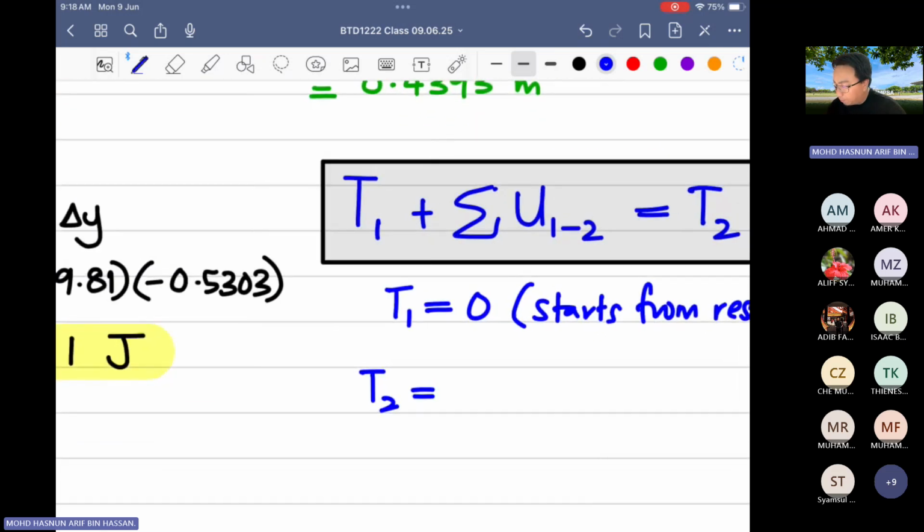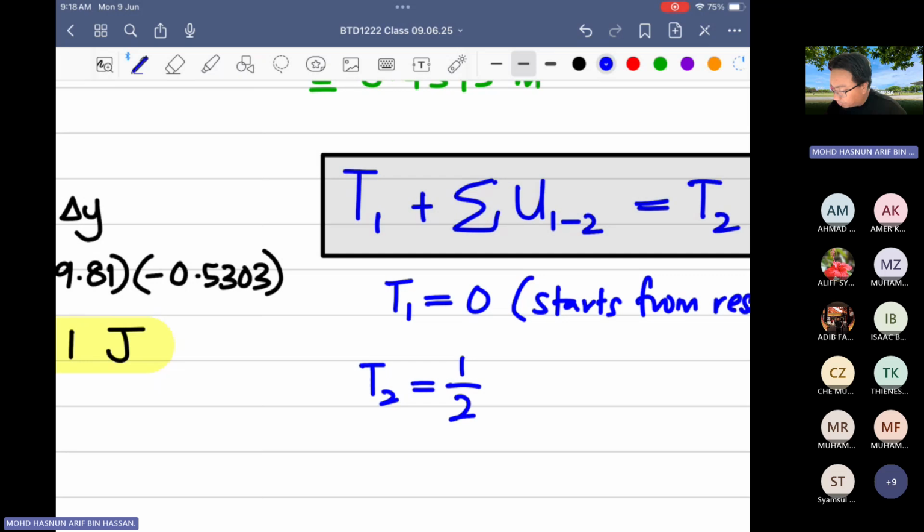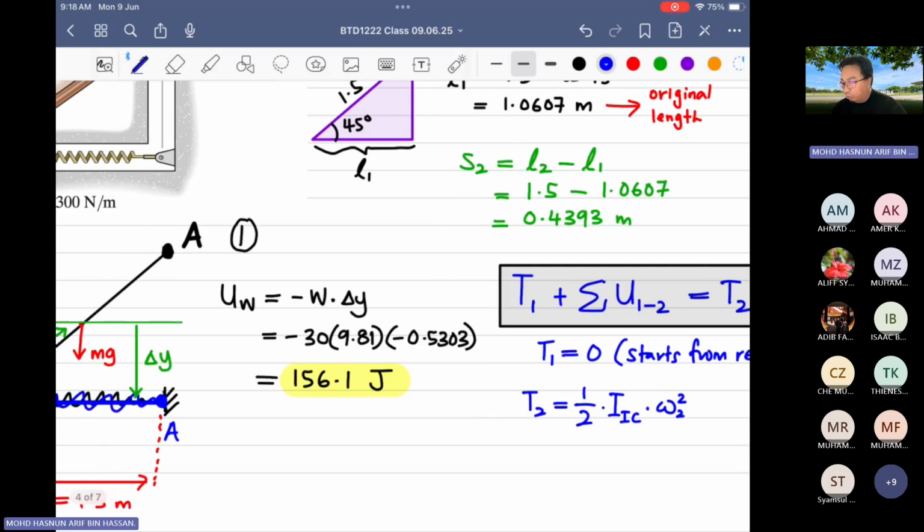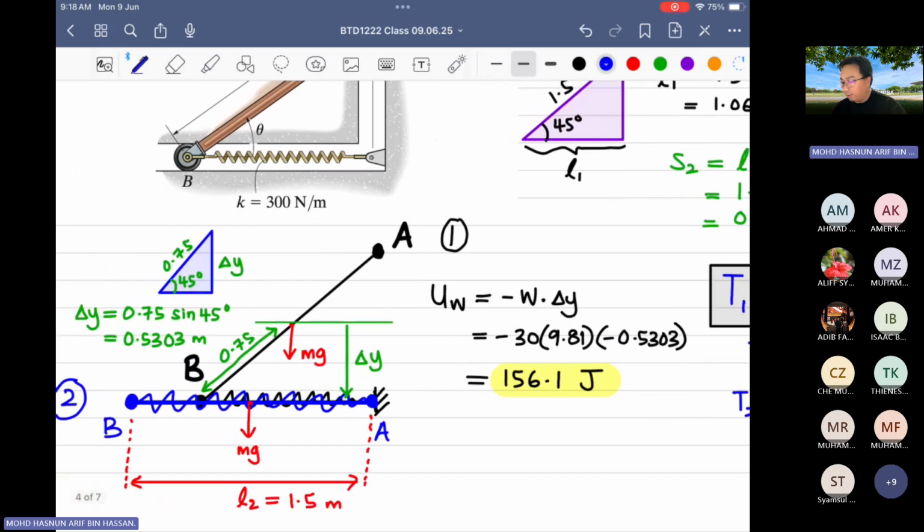Or we can use 1 over 2 times IC times omega 2 square. Okay, so I will show you this method where we use IC. But to use IC, we need to identify where is the location of IC. Okay, how do we identify the location of IC?